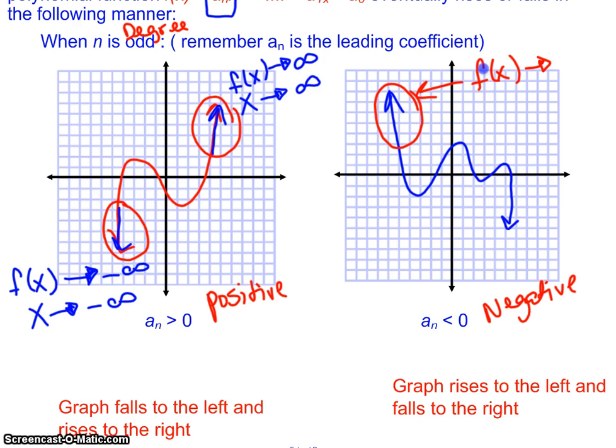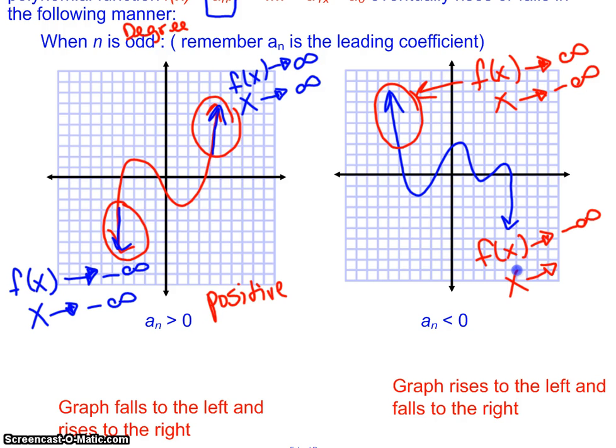So f of x approaches positive infinity as x approaches negative infinity, because you're talking about the left. On the right side, f of x is going down, negative infinity, as x approaches positive infinity.